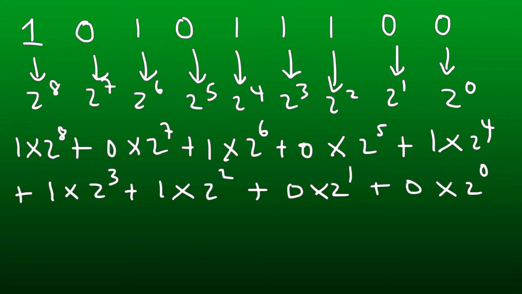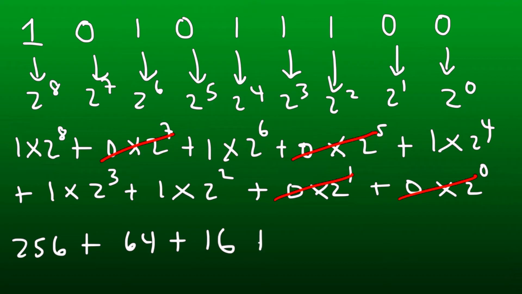So 0 times anything is 0, so these numbers we can ignore. 2 to the 8th power. If you multiply 8 2's together, so if you multiply 2 by itself 8 times, that's going to give you 256. 2 to the 6th power is 64. 2 to the 4th is 16. 2 to the 3rd is 8. 2 squared is 4.